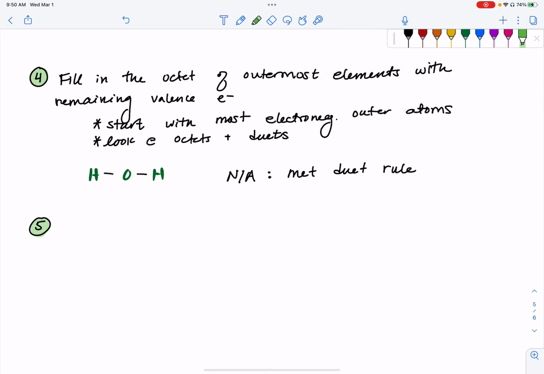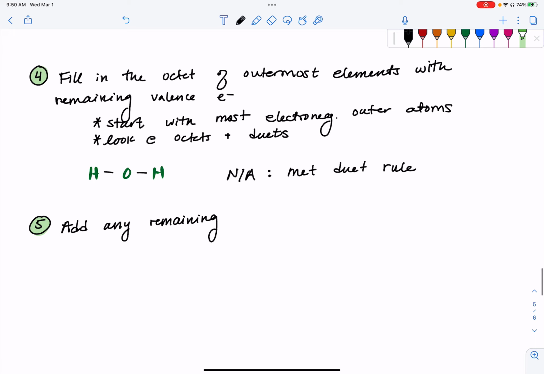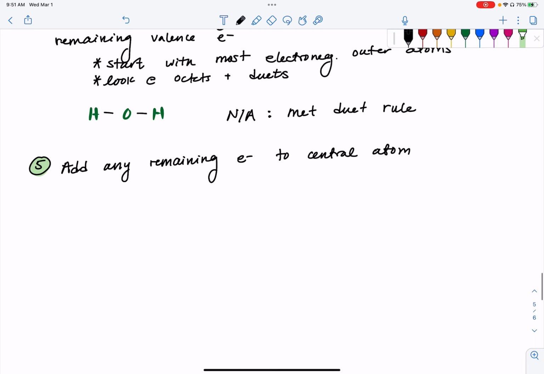Which means we have to move on to step 5, which is to add any remaining electrons to the central atom. And again, you cannot disobey your octet or duet rule.